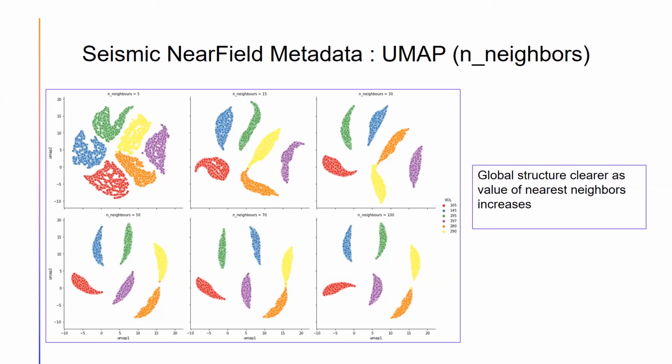But again, quite interestingly enough, there are bits of the orange and yellow that are joined together, which is interesting because even in UMAP, it's indicating that there's a relationship between those two air guns, which is true in a geophysical sense as well.